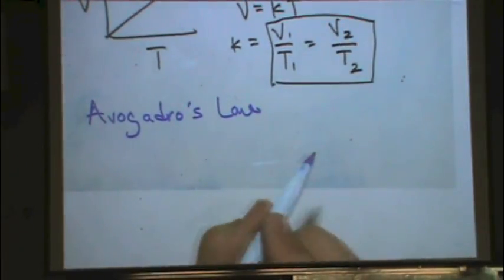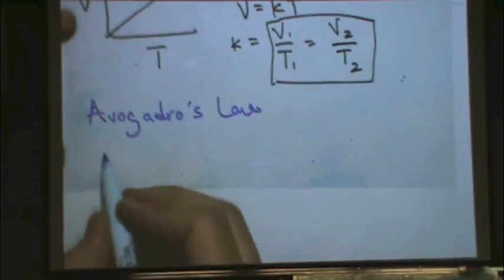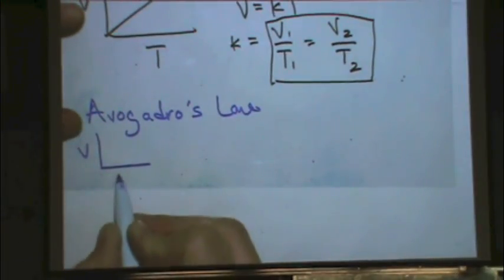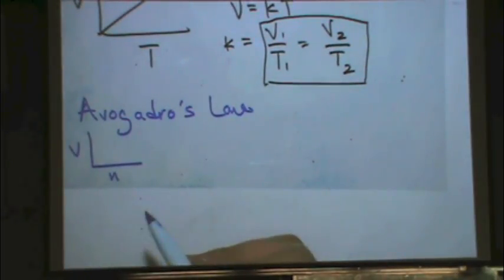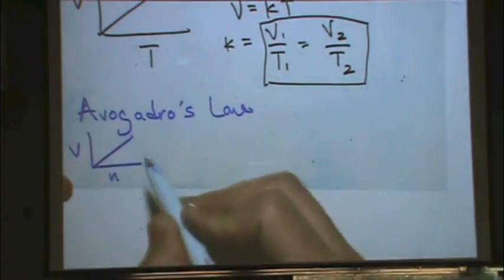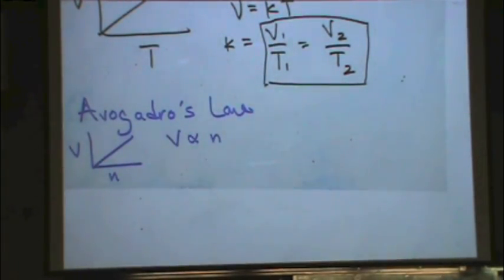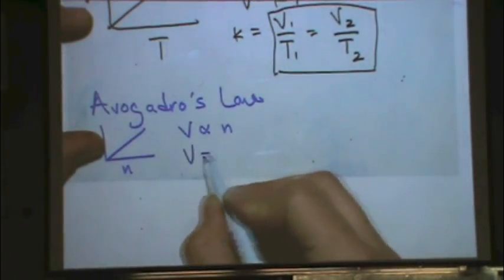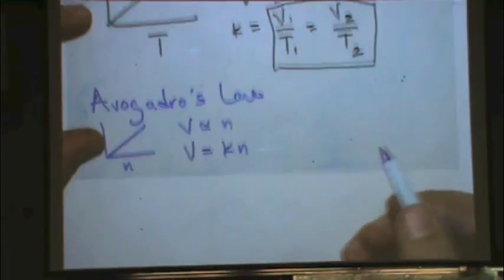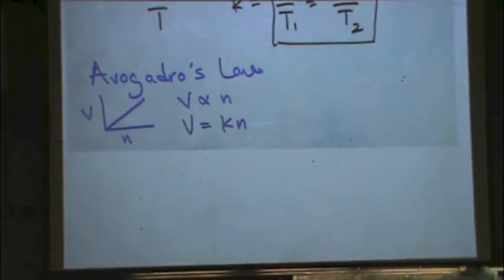Okay, Avogadro did some similar experiments. In this case, volume and moles. Lowercase n is moles. Found out they are directly proportional, or volume is proportional to moles. Or to put in, again, a proportionality constant to make it equal, so we can have a formula that we can mess around with.